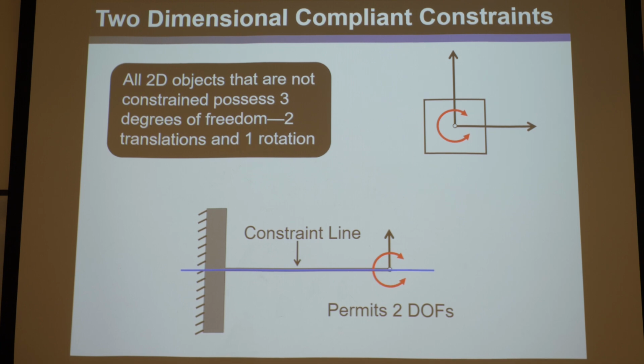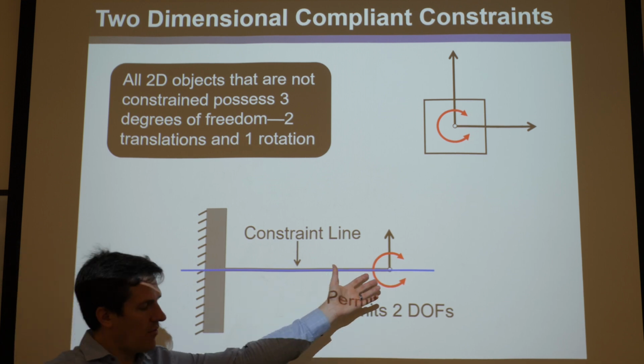In the context of constraint-based design, things are either constrained or they're not. They're either impossible to move, infinitely stiff, fully constrained, you're done, or they're infinitely compliant and can move with no resistance. Okay, so that's the model.